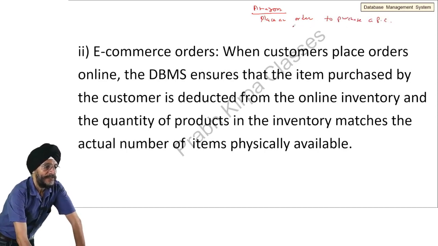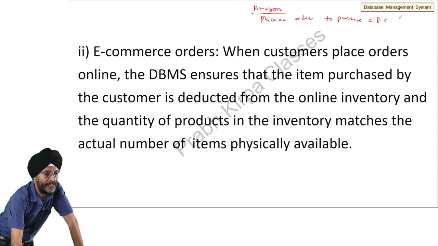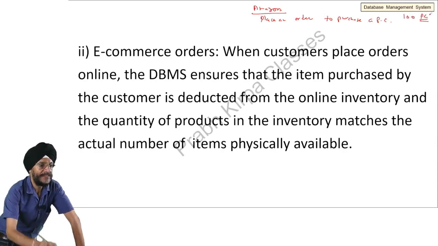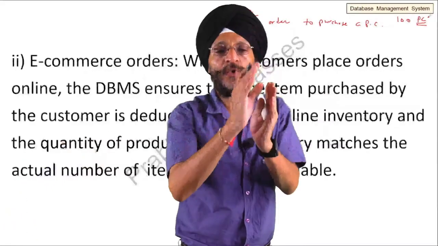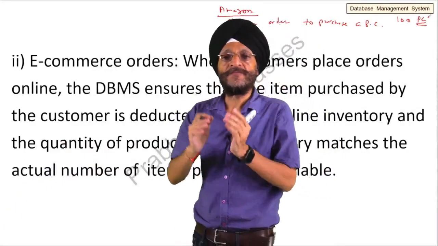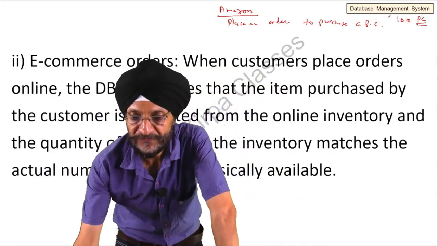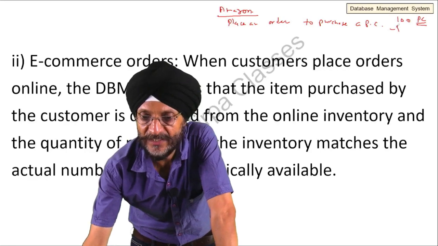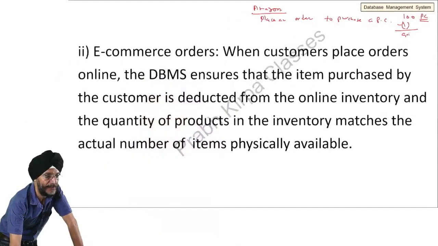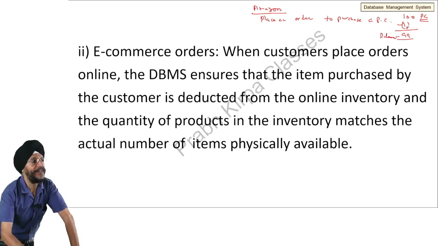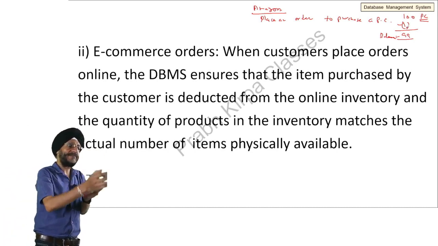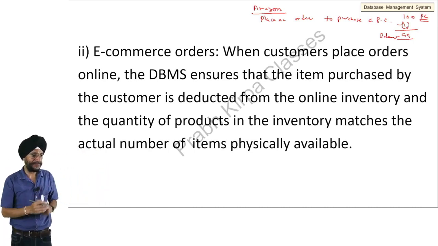Now the DBMS will ensure that, suppose there are 100 PCs in stock which are being shown on the Amazon site, when you have placed the order for one PC, the balance inventory on their site should be 99.